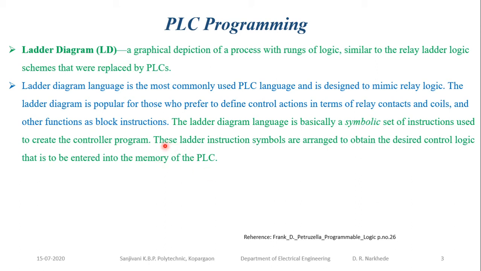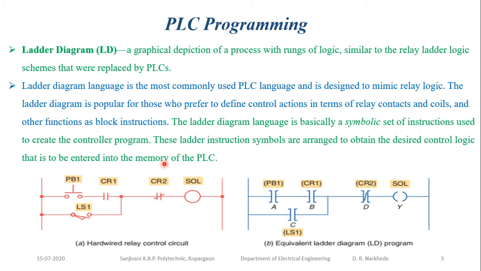So we use the ladder instruction symbols and arrange them in such a manner that they give a meaningful output, to obtain the desired control logic function that is to be entered into the memory of the PLC.